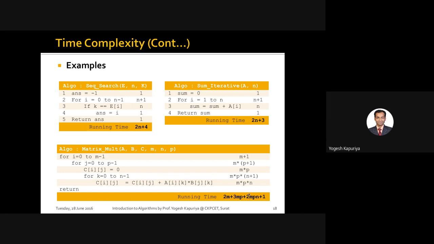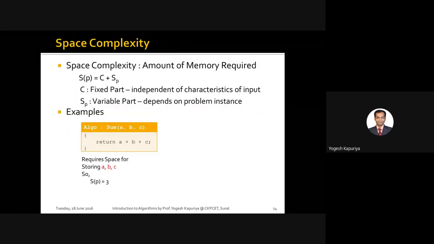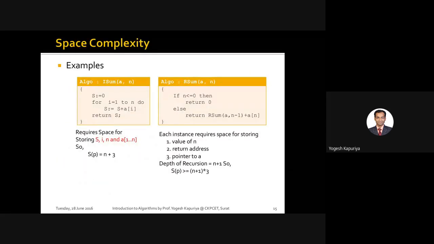So from this particular observation and understanding, it's very clear now that the step count is hugely dependent on the iterative statement. If there is no iterative statement, then the step count will be a constant function. Unfortunately, there is no algorithm without any iterative statement.